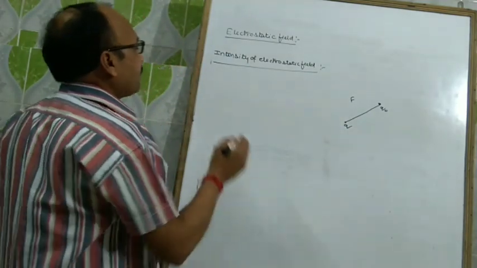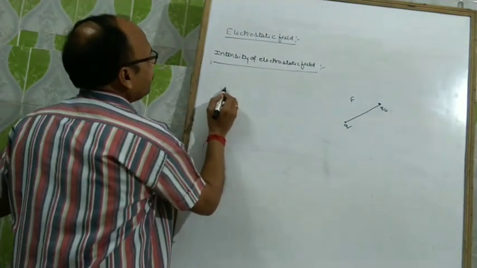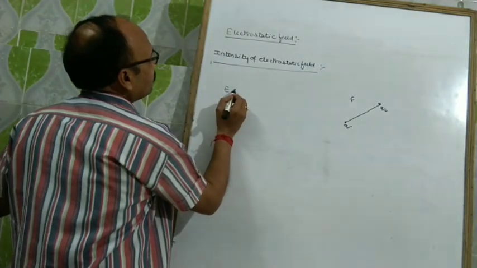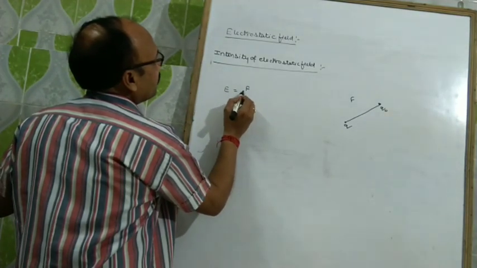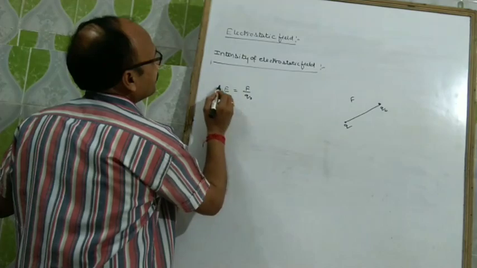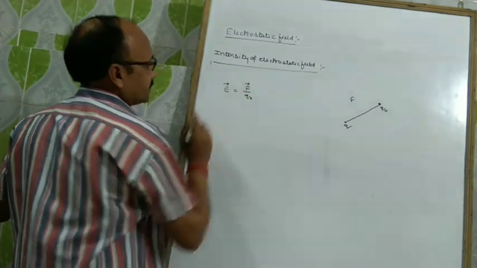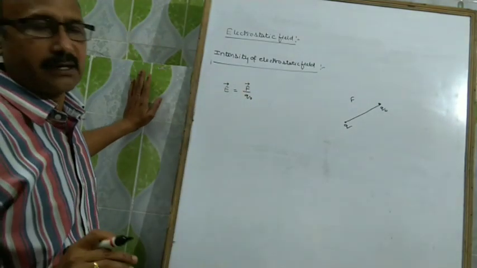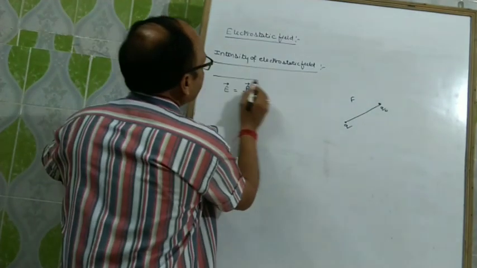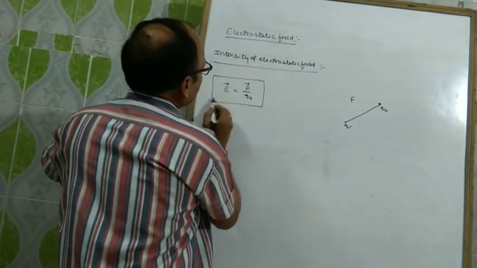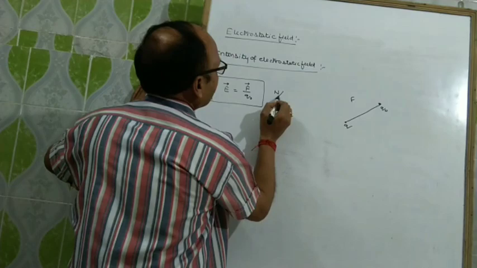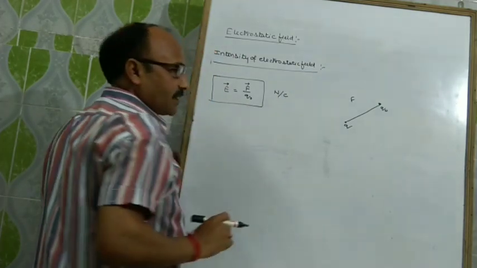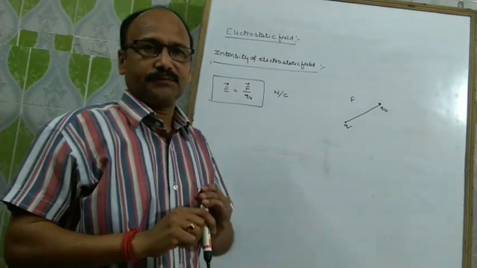According to the definition, electric field intensity E will be equal to F upon Q naught. Both are vector quantities, so you can make the vector sign here. The unit will be Newton per coulomb. But there is a problem here.